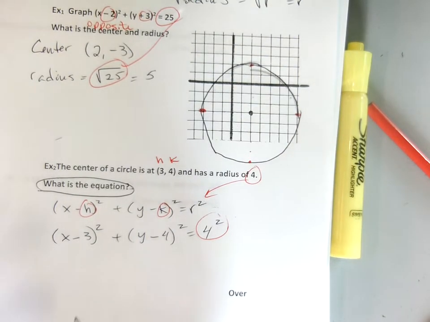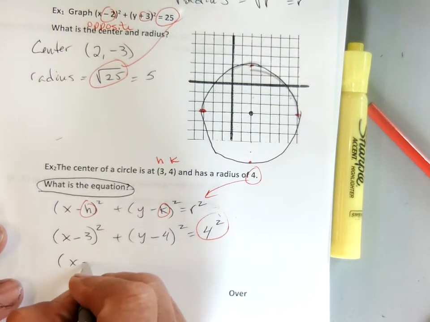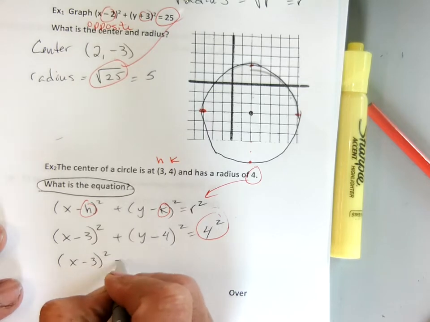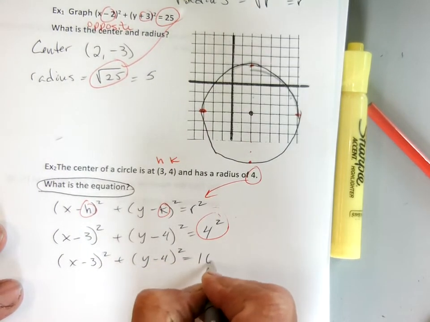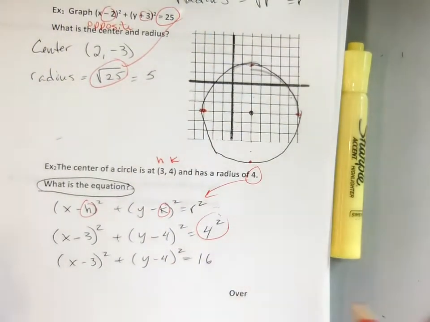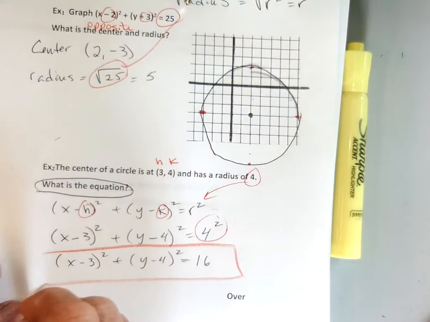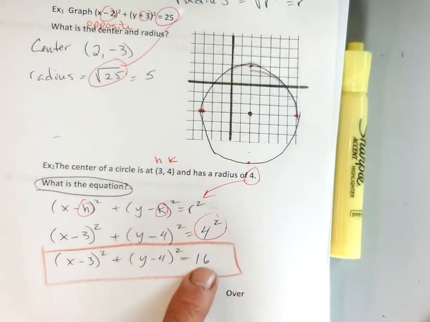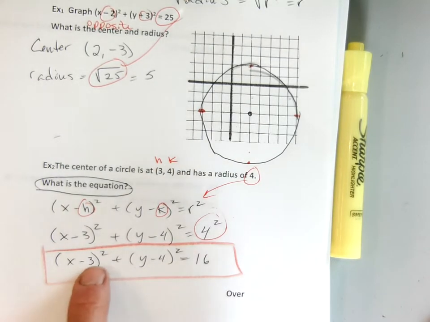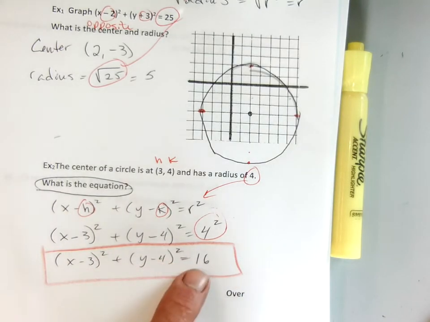So I'll finish this up and rewrite it as x minus 3 quantity squared plus y minus 4 quantity squared equals 16. This is the equation of a circle with center at 3, 4 and a radius of 4. I'll say it again. This is the equation of a circle with center at 3, 4 and a radius of 4. How am I doing?